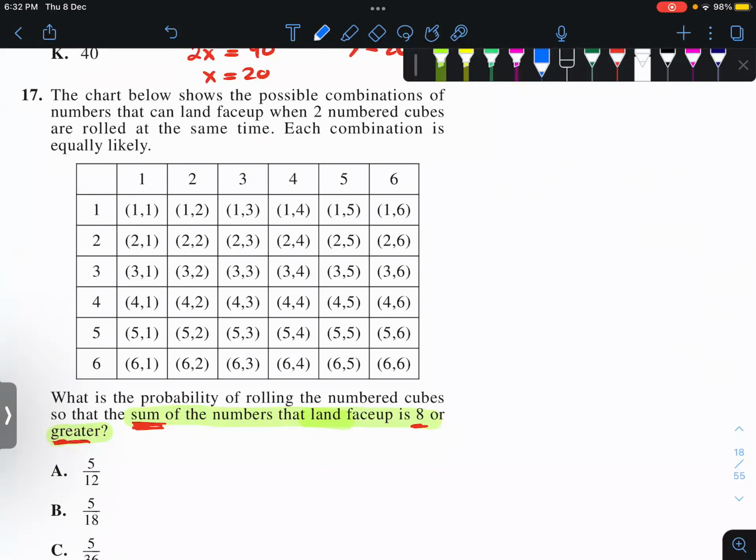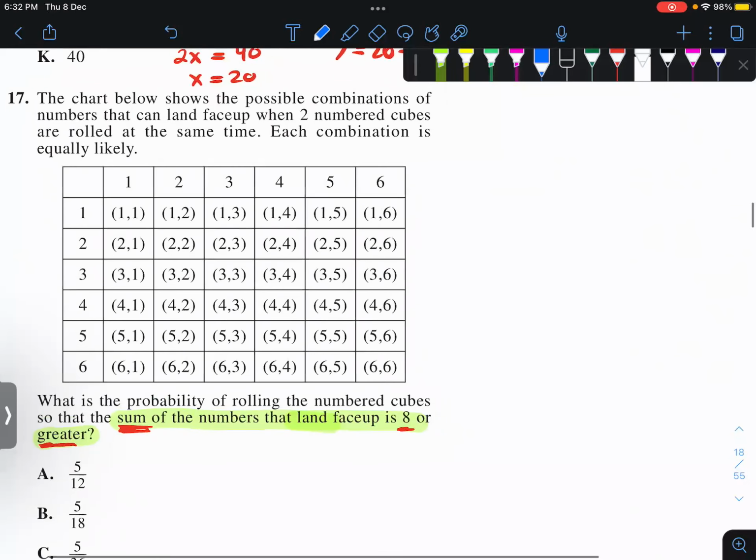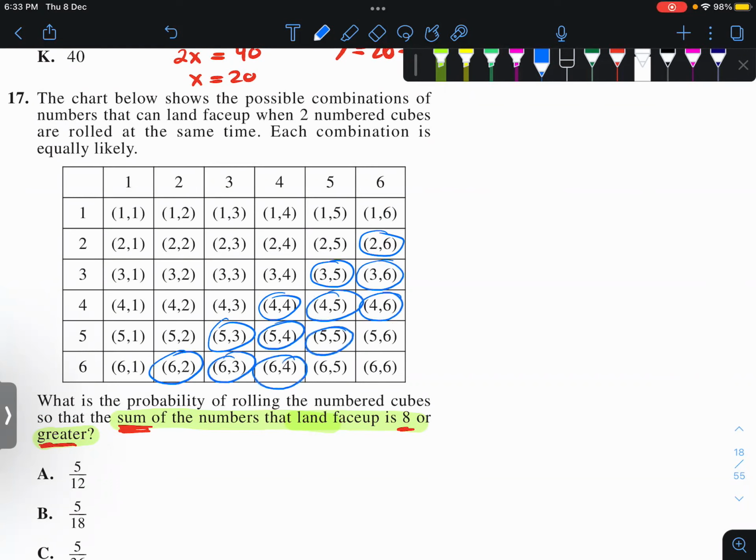Question 17. So let's find here 8 or more. The sum must be 8 or more: like here, like here, like here, and everything below it. So you will find the diagonal here, like that.